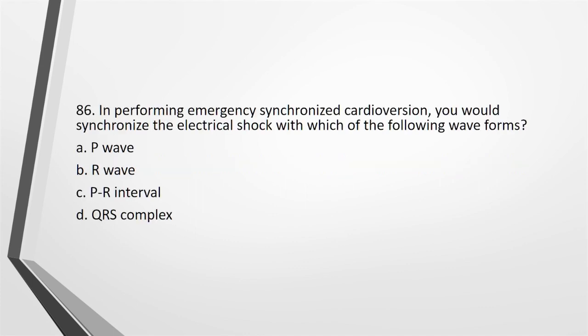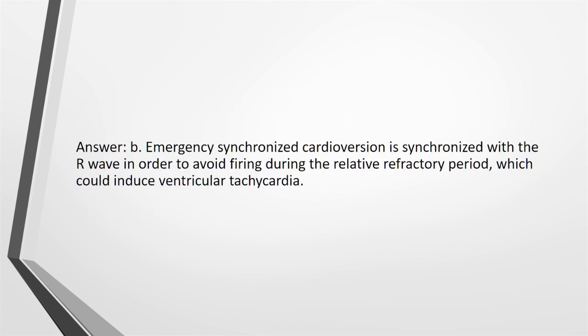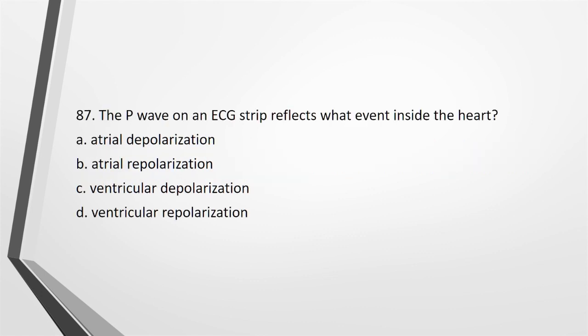86. In performing emergency synchronized cardioversion, you would synchronize the electrical shock with which of the following waveforms? A. P wave. B. R wave. C. PR interval. D. QRS complex. Answer. B. Emergency synchronized cardioversion is synchronized with the R wave in order to avoid firing during the relative refractory period, which could induce ventricular tachycardia. 87.